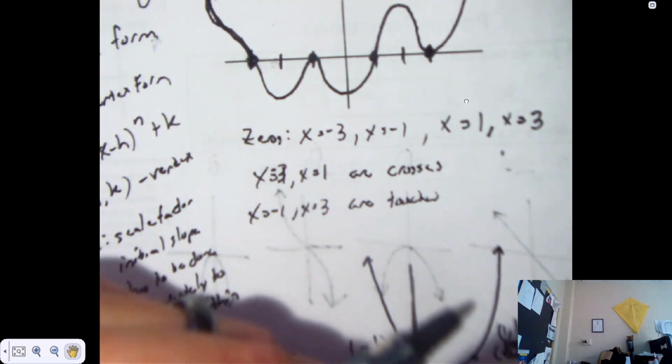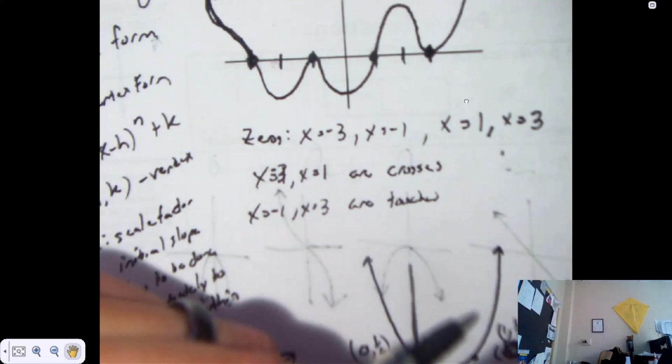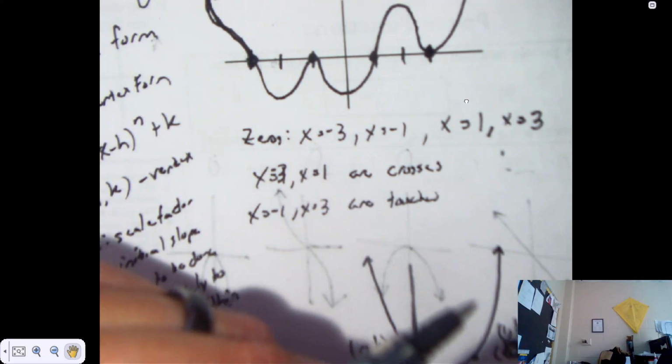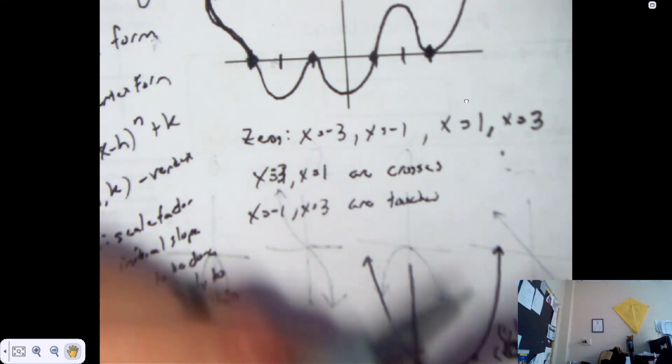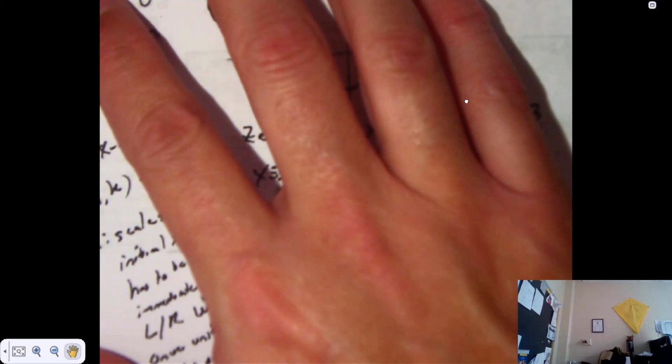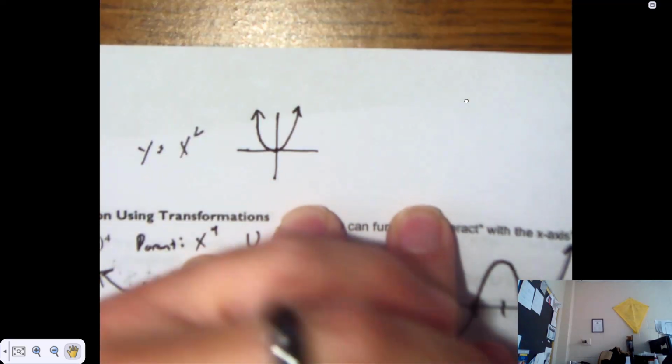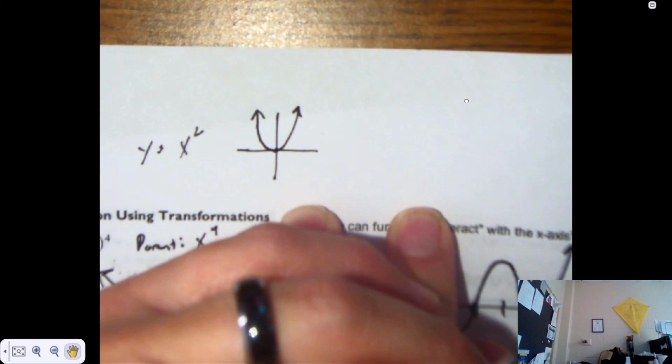You guys remember anything about crosses and touches? No. It has to deal with how many answers there are. If you looked at y equals x squared, a parent function, it touches the x-axis. How many zeros does it have?